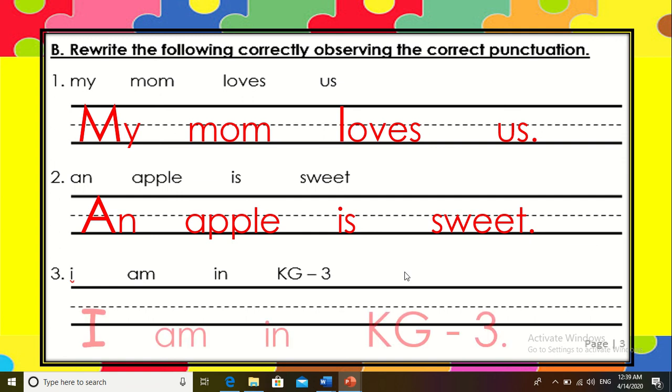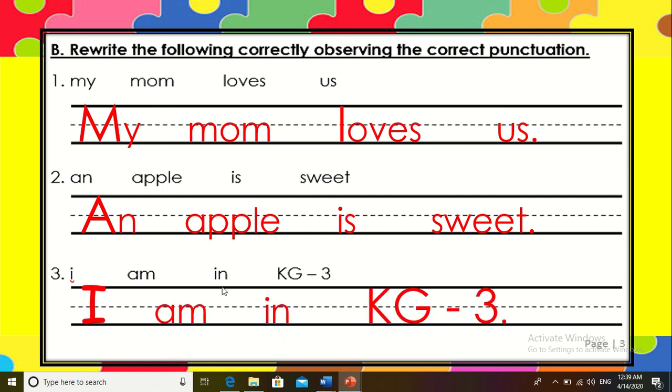And number 3, capital letter I and ends in a period. Are your answers correct? Great job, KGs. Now, do you still have questions regarding those topics?